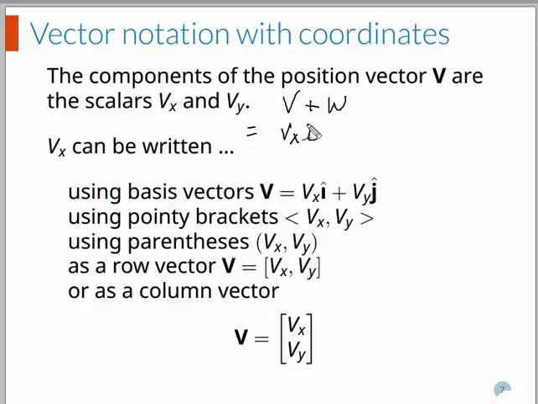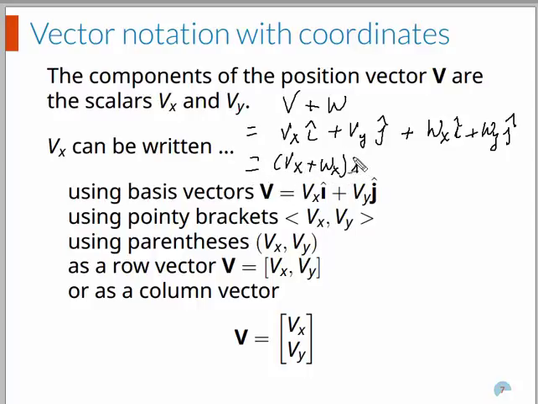Say two-dimensional vector vx i plus vy j, and then we have a wx and wy for the w, two components. Now when you add them, you can only add i's together and you can only add j's together, just like in algebra. So this would be vx plus wx, add the x components together, and you'll note here that we still have a vector. And that's, of course, considerably easier than trying to move vectors around.